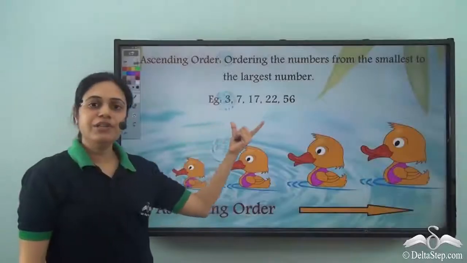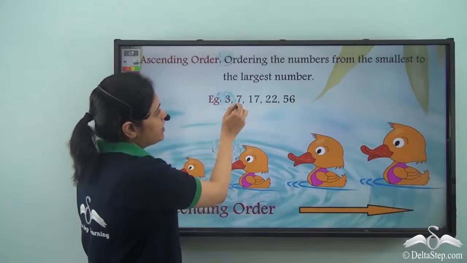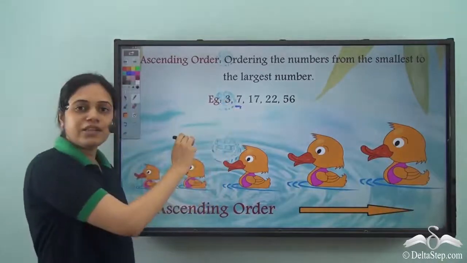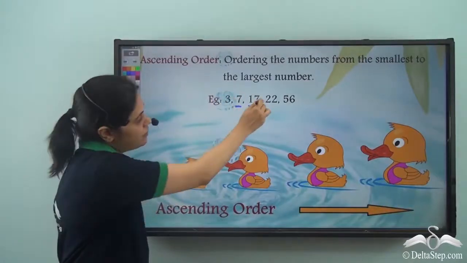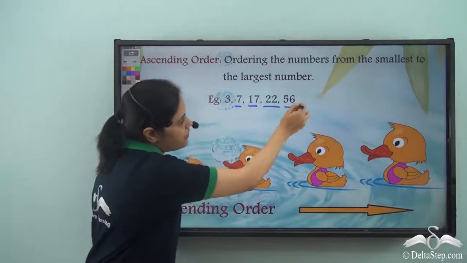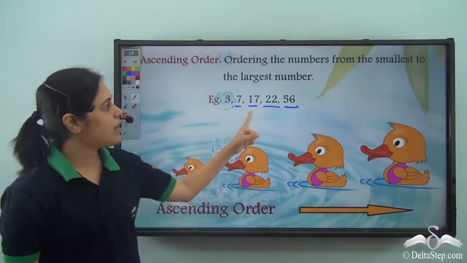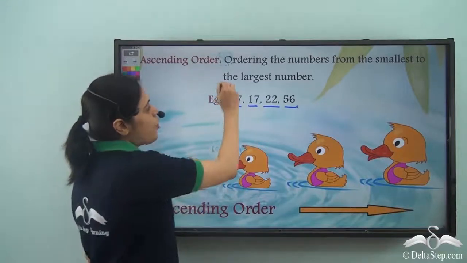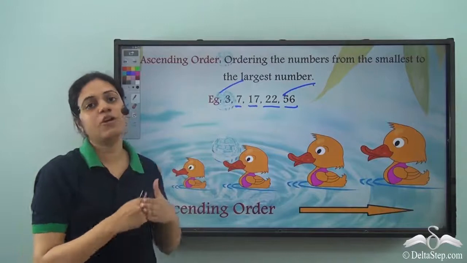Say for example, these numbers. So we have 7 which is greater than 3, 17 which is greater than 7, 22 which is greater than 17, and 56 which is greater than 22. So the numbers are arranged from the smallest to the largest in a specific order.